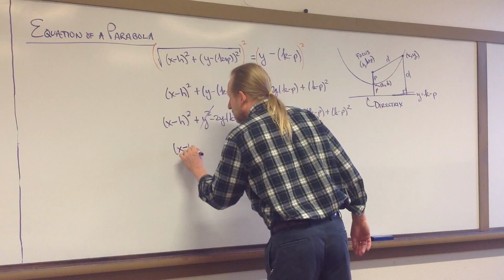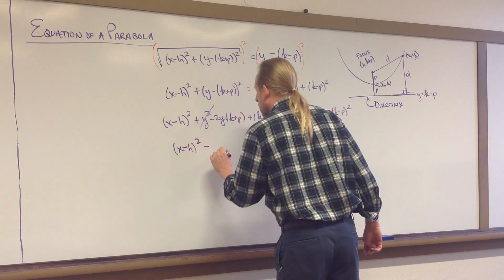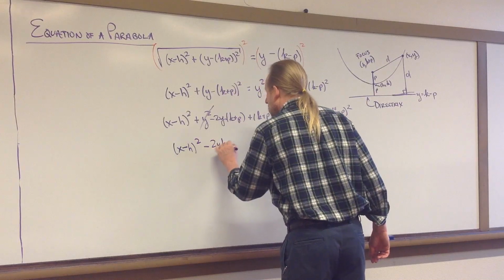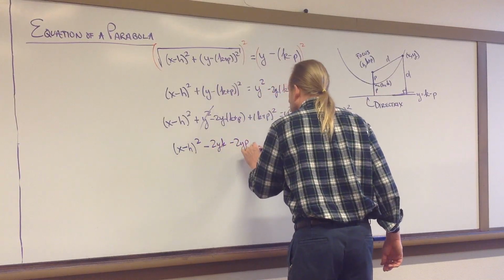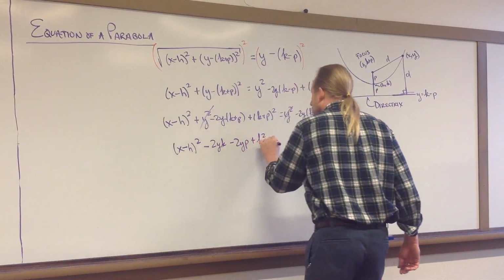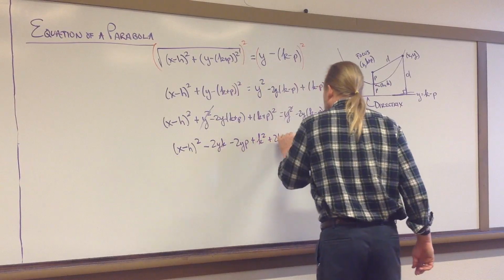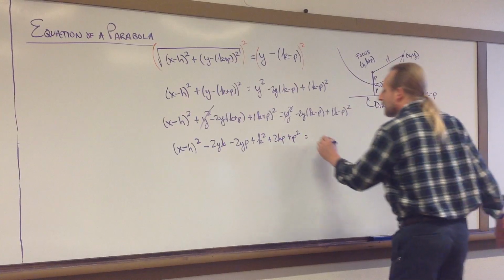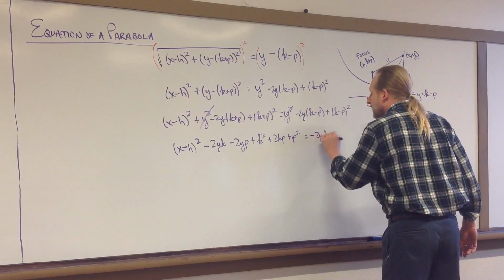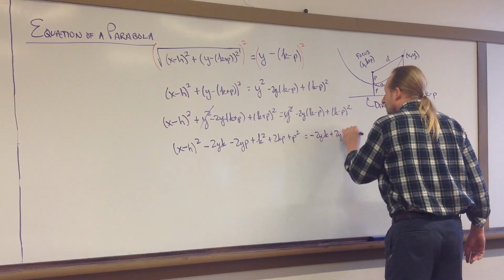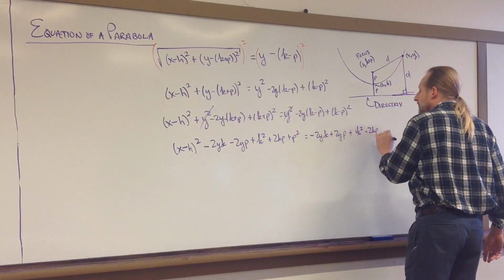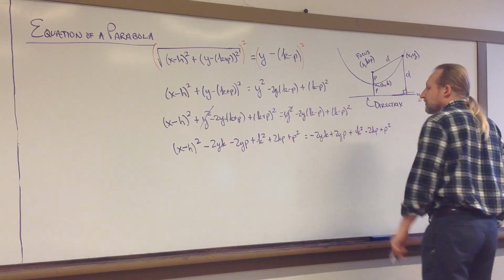So (x minus h) all squared minus 2yk minus 2yp plus k squared minus 2kp plus p squared. Okay. Do the same thing over here. Minus 2yk plus 2yp plus k squared minus 2kp plus p squared.